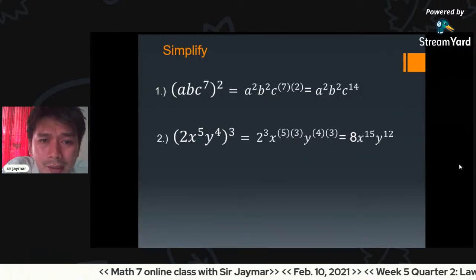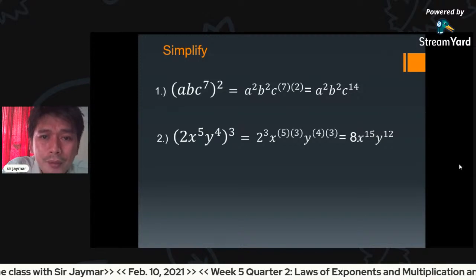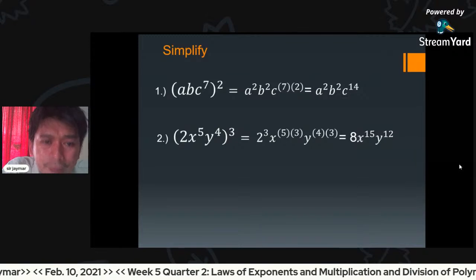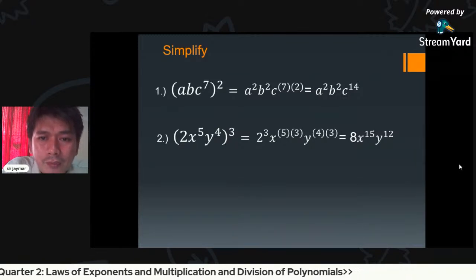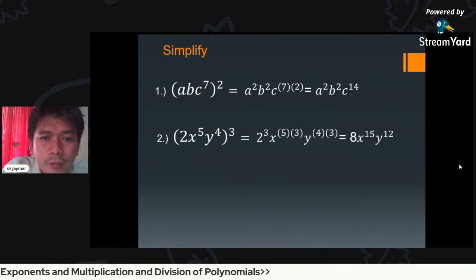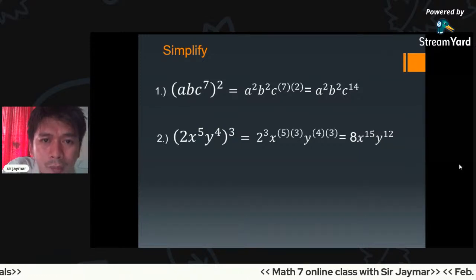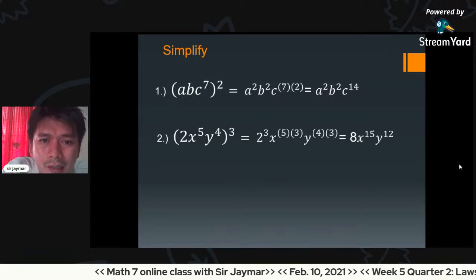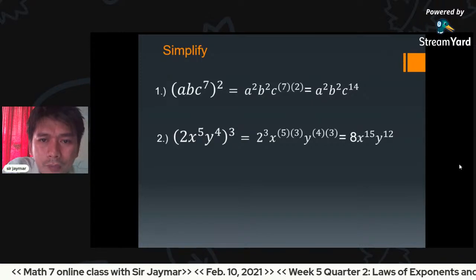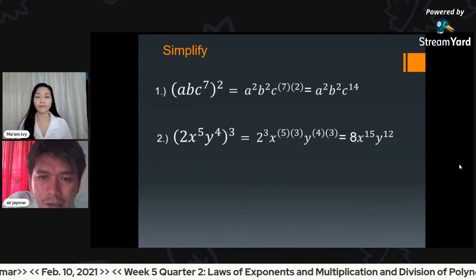In the variable x, the exponent is 5, multiplied by 3, it will become 15. Then in variable y, the exponent is 4, multiplied by 3, that is 12. The 2 cubed will be expanded and simplified to 8. Then x raised to 15, y raised to 12. This will be the simplest form, or the answer.